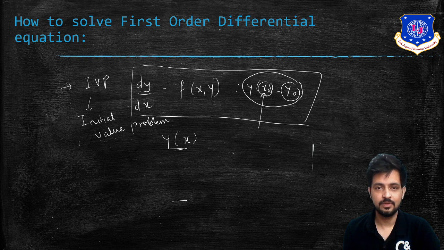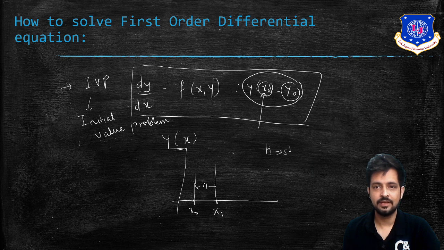If you remember, this is the value of x0. In interpolation, what were we doing? We were taking the differences of h in the values of x, where h is known as the step size. Here h will be known as the step size.